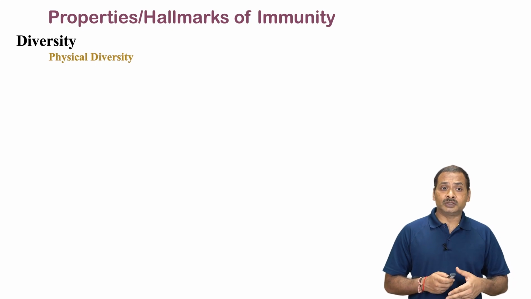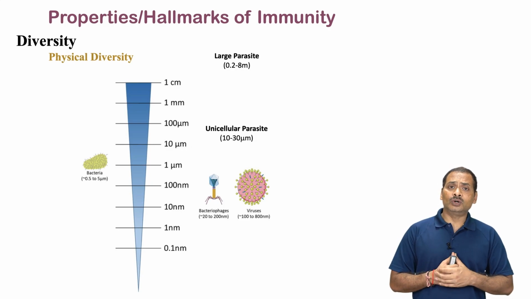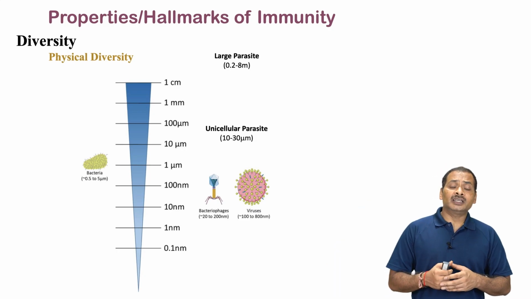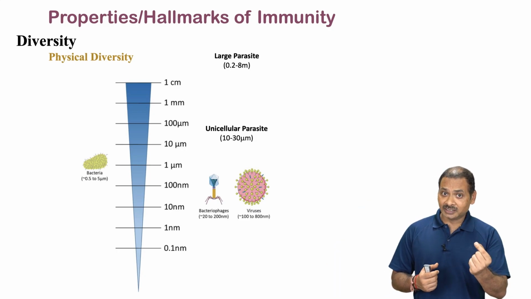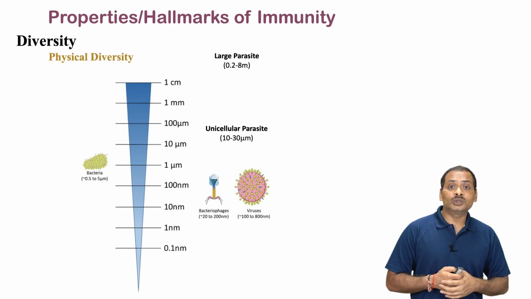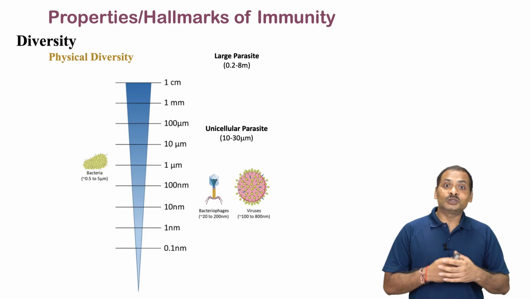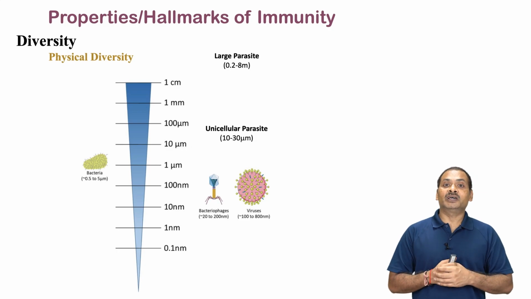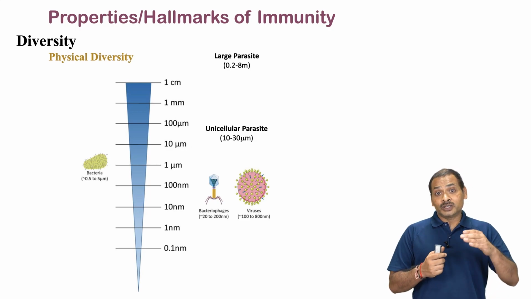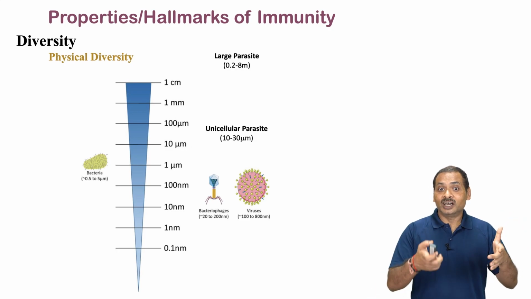All those microbial pathogens, in the case of viruses, are extremely small, about 20 to 200 nanometers in size, and our immune system can recognize such a tiny virus, and it can also recognize a bacterium which is of intermediate size, and it can also recognize a unicellular parasite which is about 10 to 30 micrometers, and our immune system can also recognize far bigger pathogens, the large parasites.